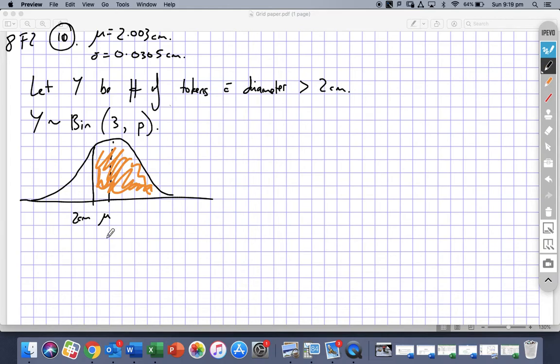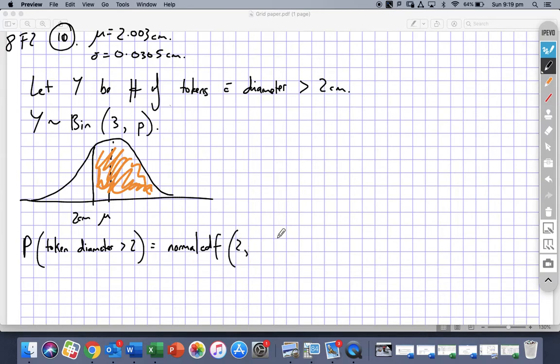Apologies for the drawing. We want to know what's the probability that we're just looking at one token and its diameter, probability that a token diameter is greater than 2. And we could work that out using normal CDF. Right, we could have a lower of 2.